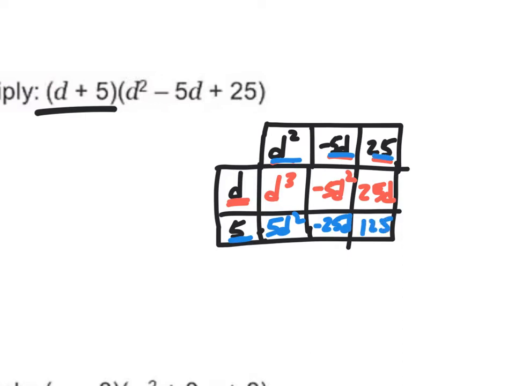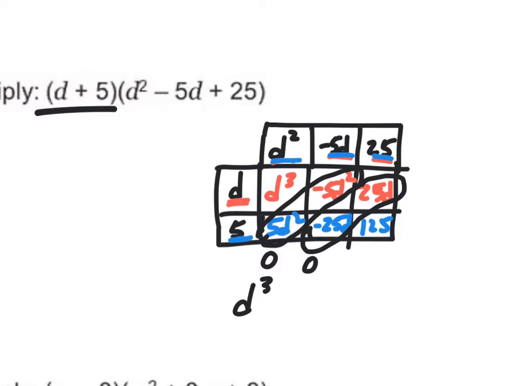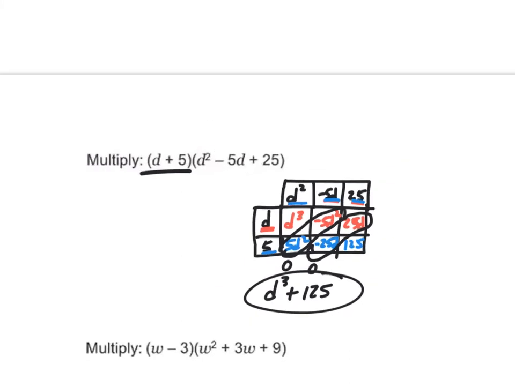So from this, what I want you to realize is that when you try and combine your like terms here, I've got a negative 5d squared and a 5d squared. That adds to 0. Same thing here. If I've got positive 25d and negative 25d, that also adds to 0. So the only thing that you have was d cubed plus 125, which is what I assumed we were going to get over here.